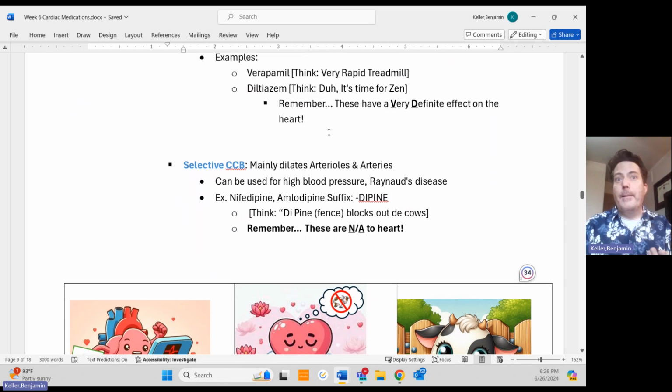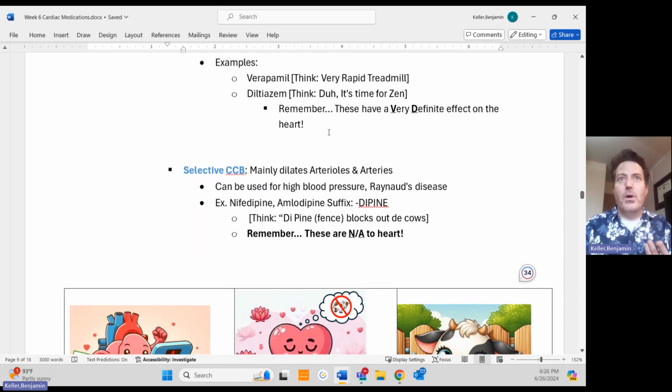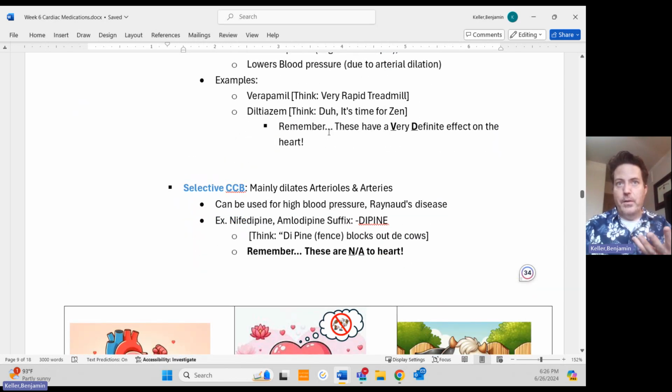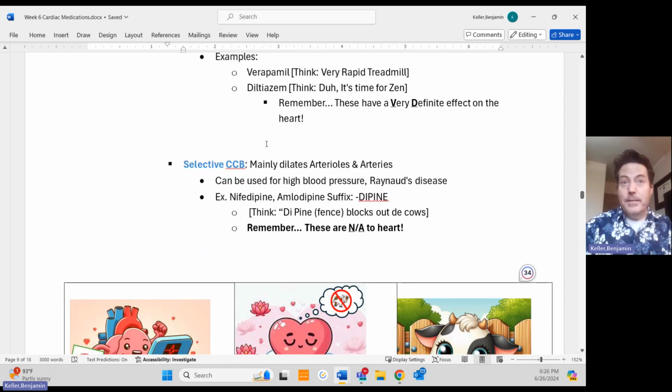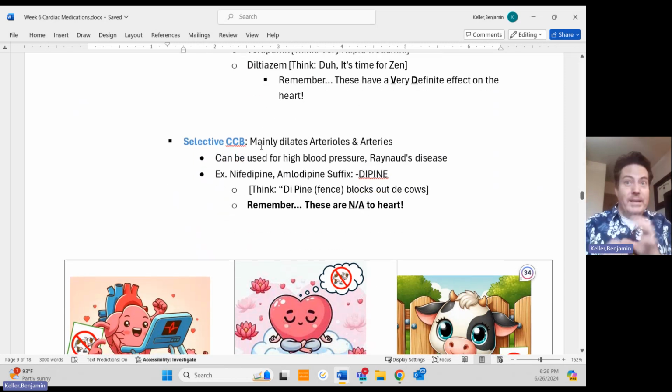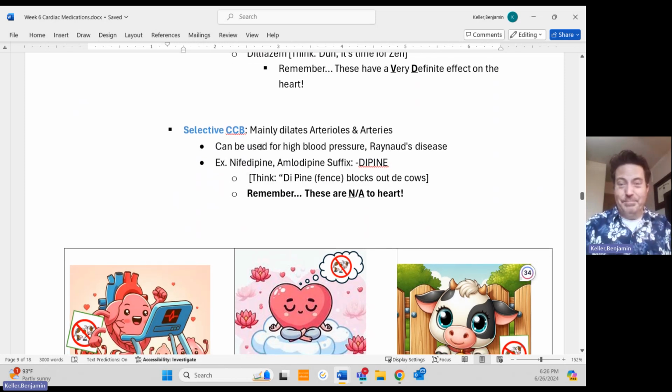Those are called non-selective calcium channel blockers because they work both on the heart and on the blood vessels. Now, selective calcium channel blockers mainly dilate the arterioles and arteries, and they don't really work on the heart a whole lot.